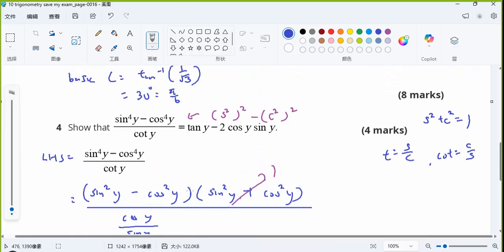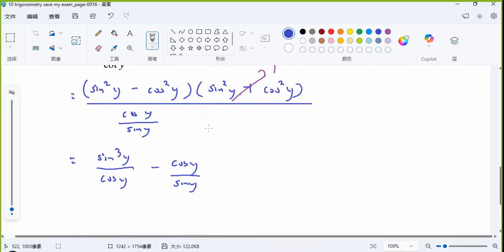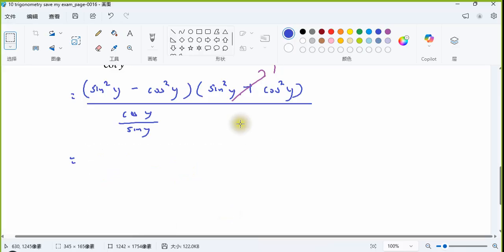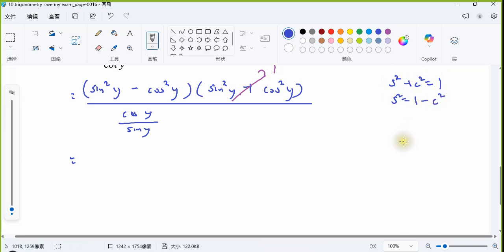Wait, no, I don't want this. So tangent is sine over cos. So I change this one. Sine square, sine over cos. So we have the sine square plus cos square equal to 1. Sine square is 1 minus cos square. So 1 minus cos square y minus cos square y.